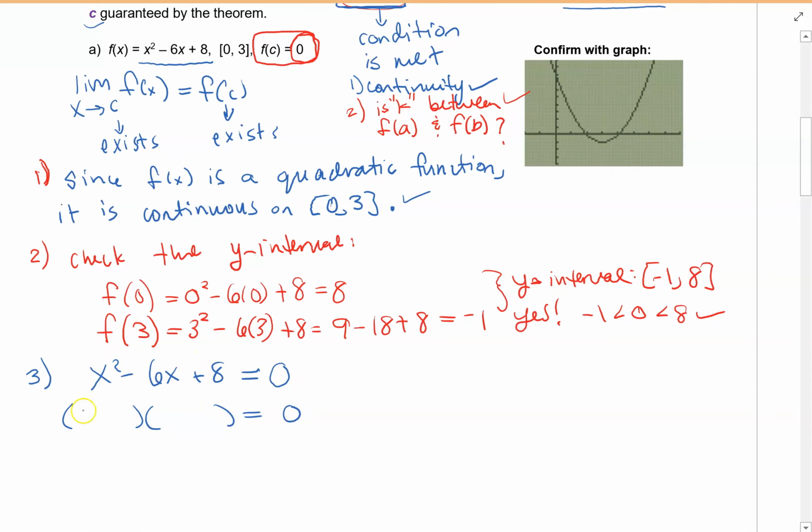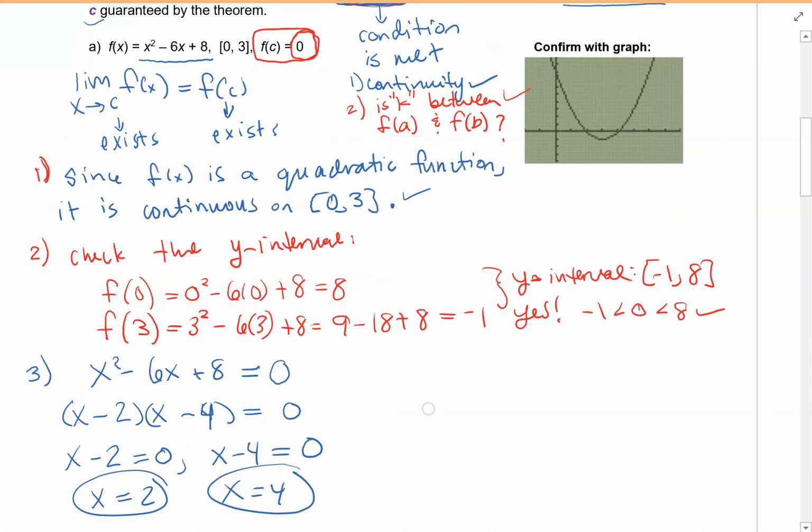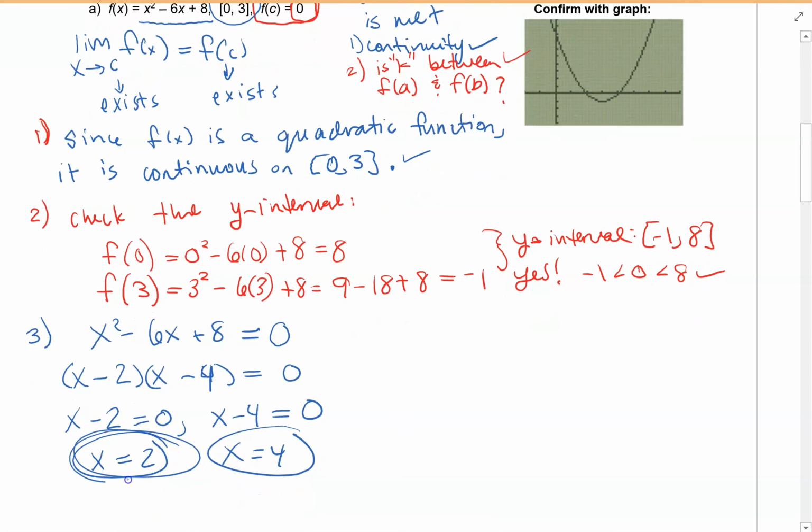I can factor it into x minus 2 and x minus 4, since those numbers add to negative 6 and multiply to positive 8. Then I set each of those factors equal to 0. So I get 2 answers, but it's only looking for the one between 0 and 3. So that will be the 2.